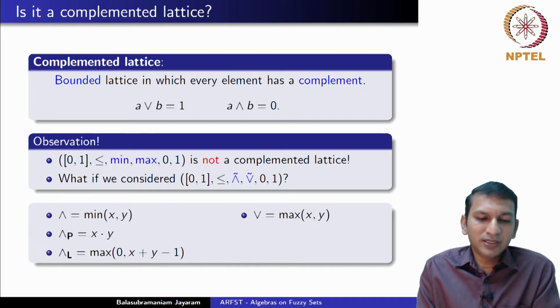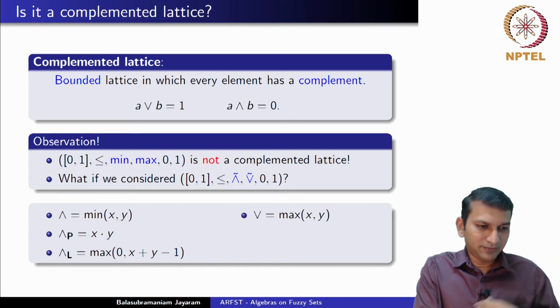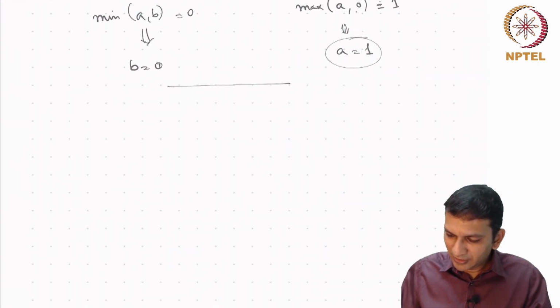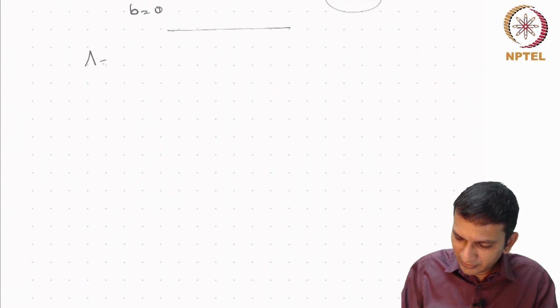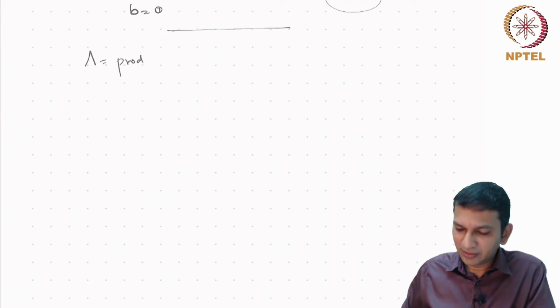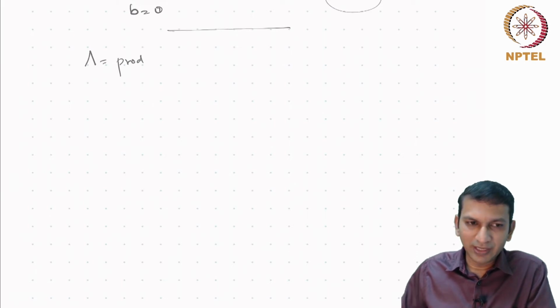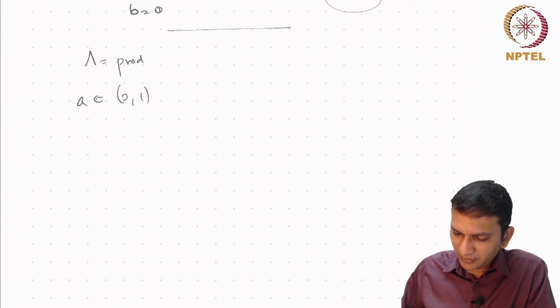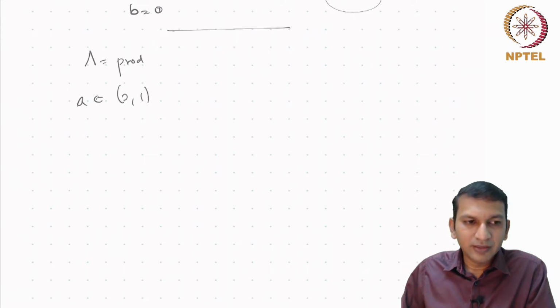Now let's look at the case for product. We're asking the question, if we interpret meet as product, do we get a complement for every element of the set [0, 1]? Once again, let's directly consider the case where A belongs to the open (0, 1) interval.